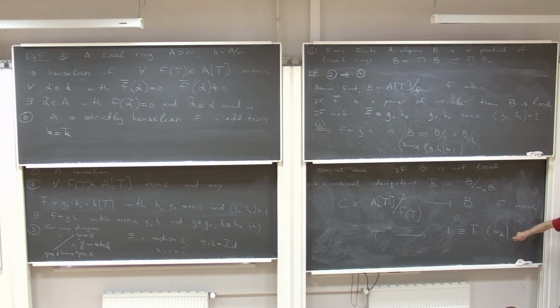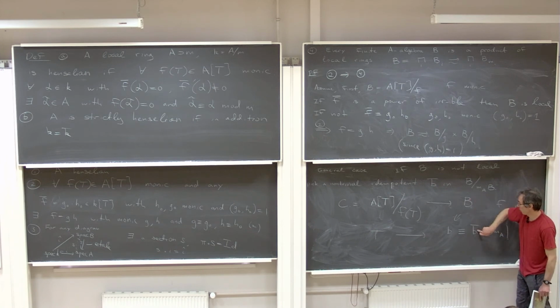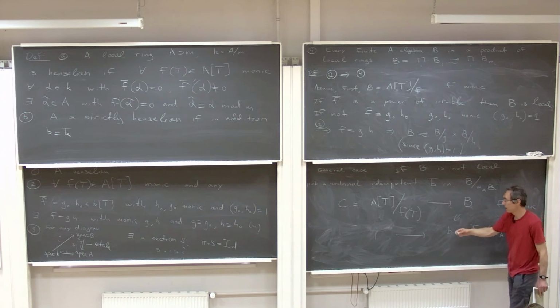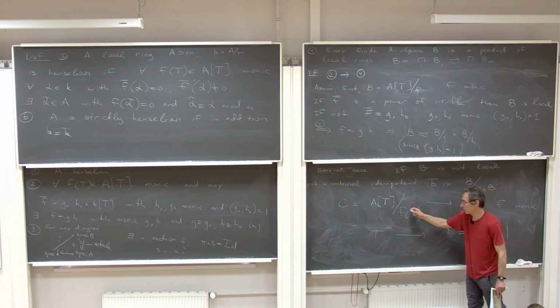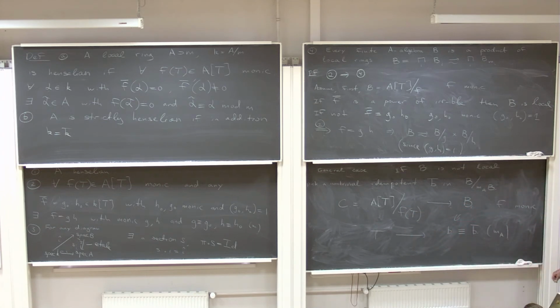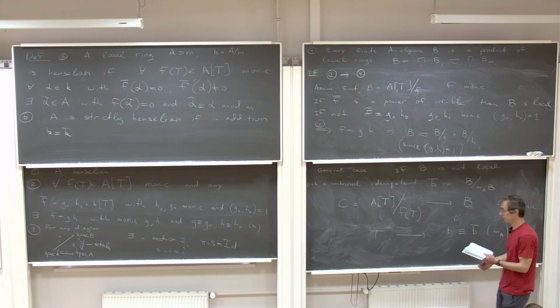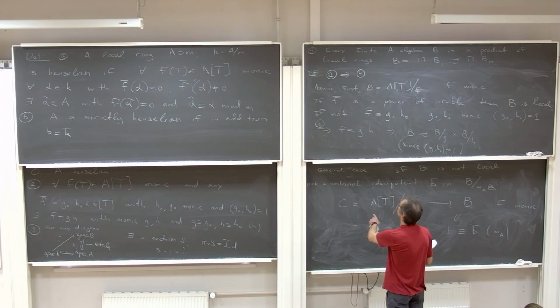So just take any preimage of B bar in B, and because B is finite over A, it satisfies some monic equation. Okay, you can choose this. And now I'm going to apply what we already know.